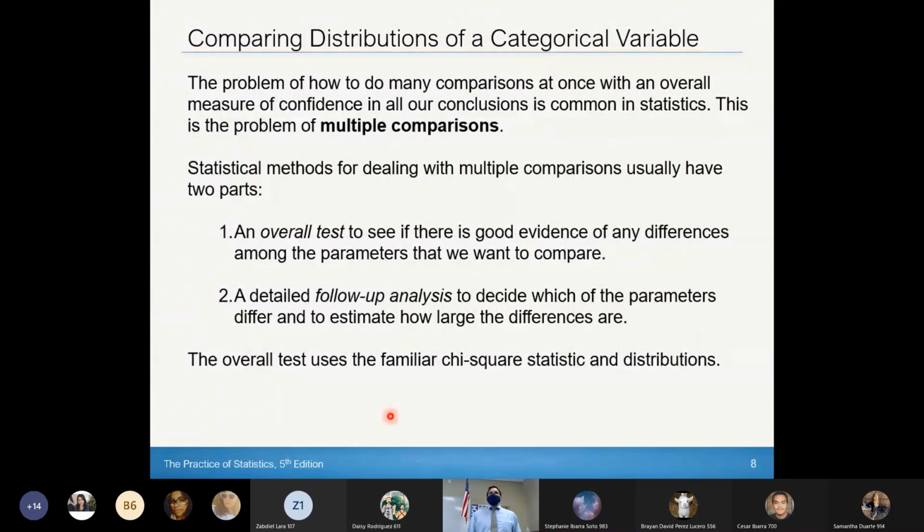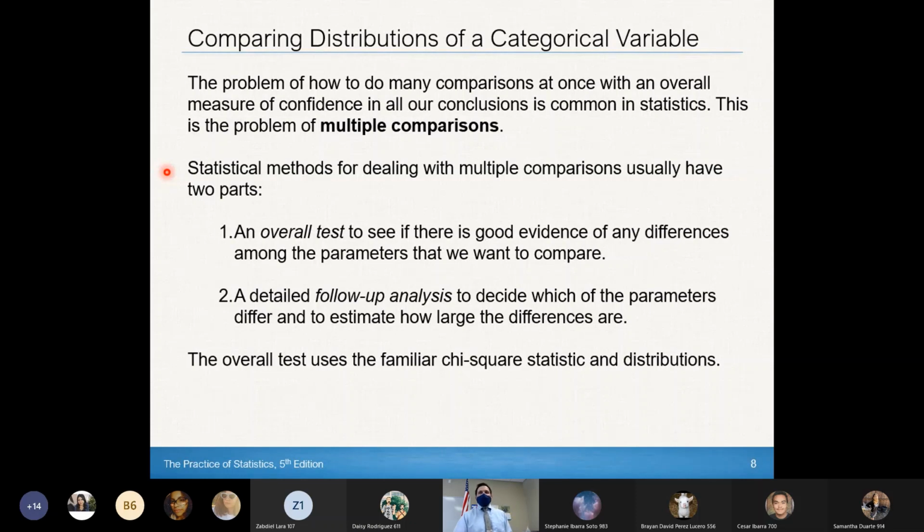The problem of how to do many comparisons at once with an overall measure of confidence in all our conclusions is common in statistics. This is the problem of multiple comparisons. Statistical methods for dealing with multiple comparisons usually have two parts.